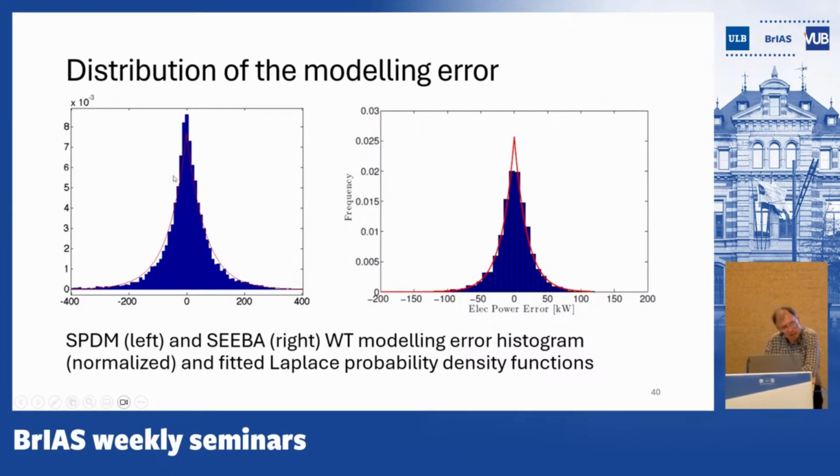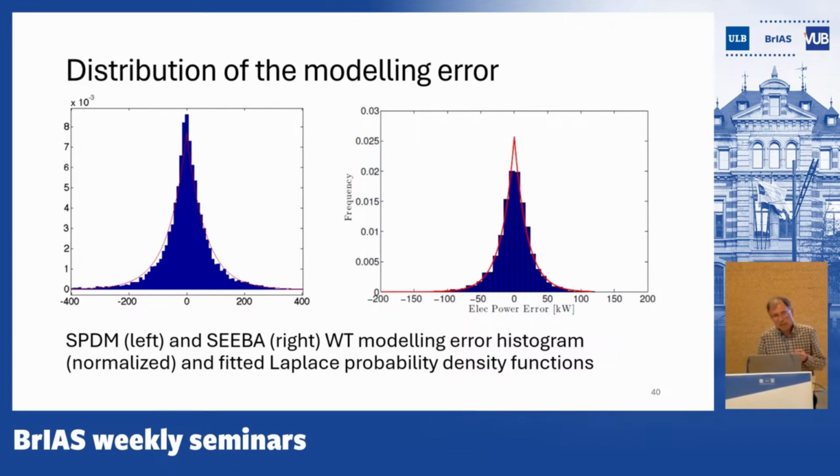And so you see that the errors match quite well a Laplace probability density function. So these are normalized histograms. And so we will characterize these modeling errors by a Laplace distribution.